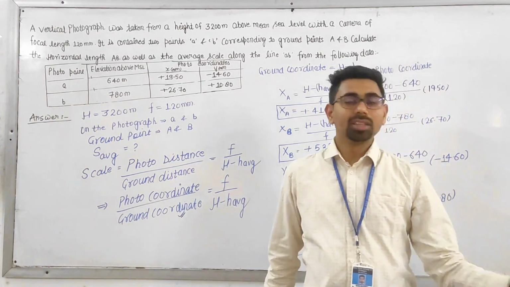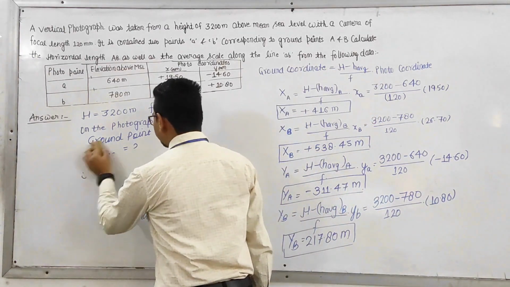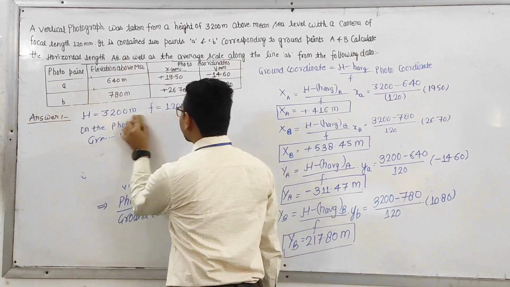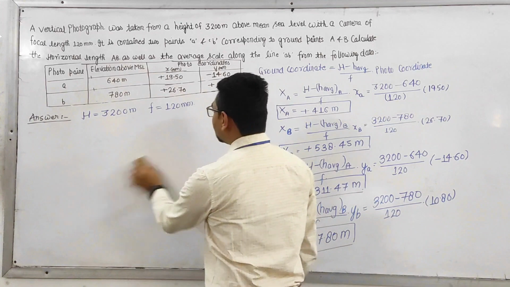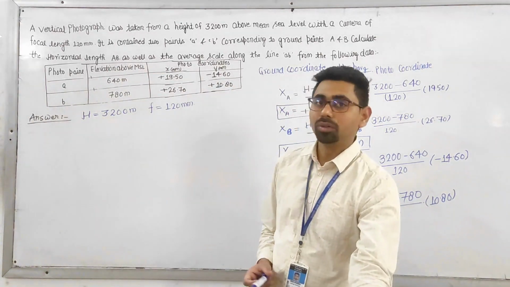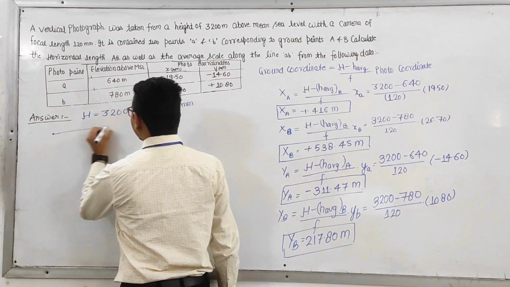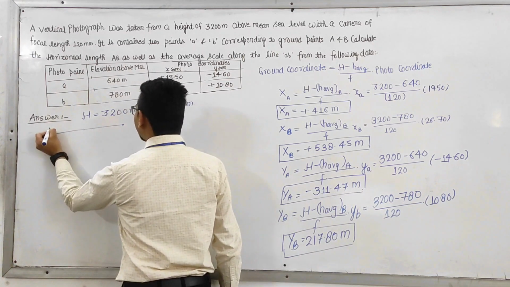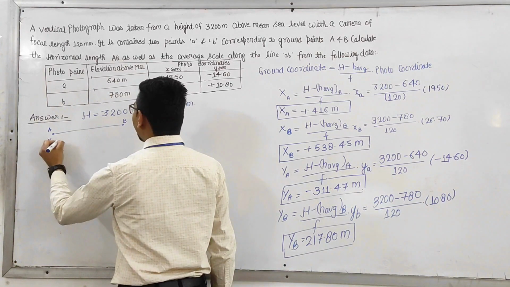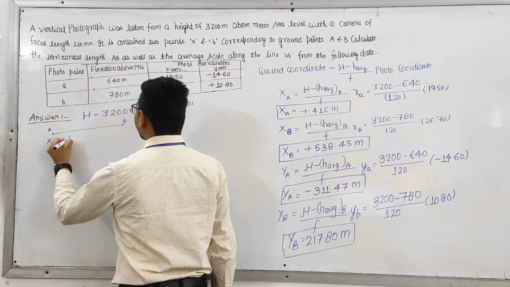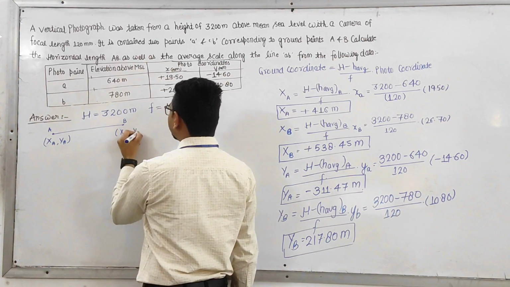We calculate the distance between 2 points. There are 2 points on the ground, A and B, having coordinates XA, YA, and XB, YB.